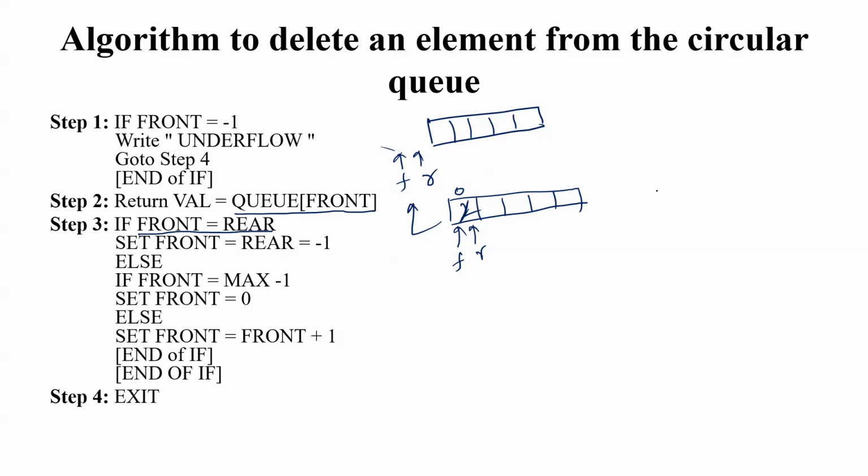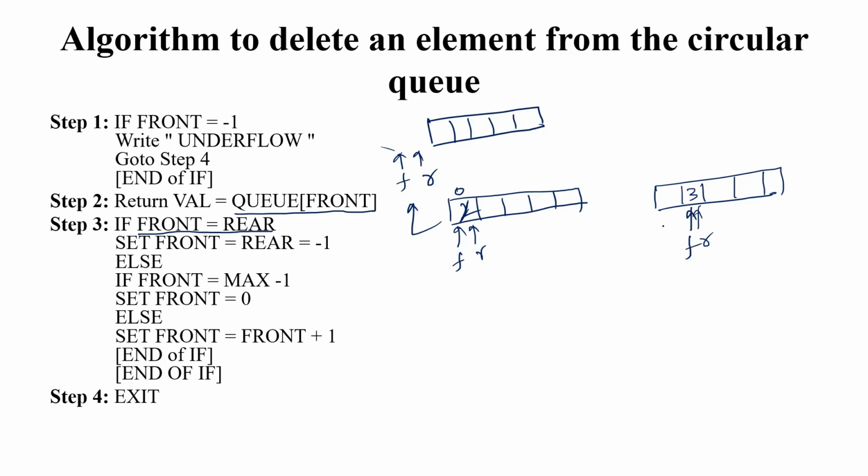And this scenario can come in any place also. For example, let's suppose we have inserted two values first of all. So front is here and rear is here. And if we delete two values, then what will happen? To delete 2, the front will come here.